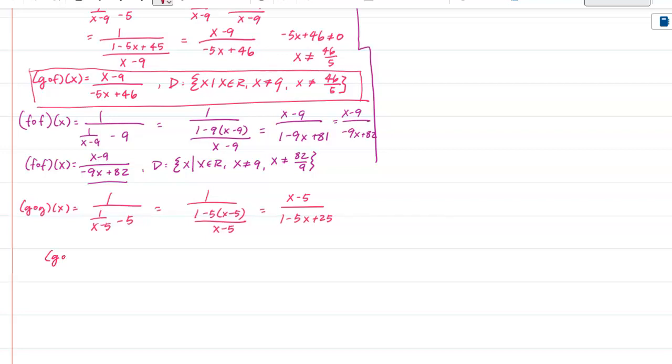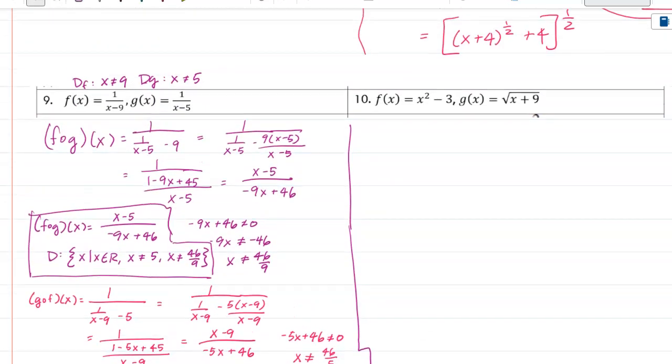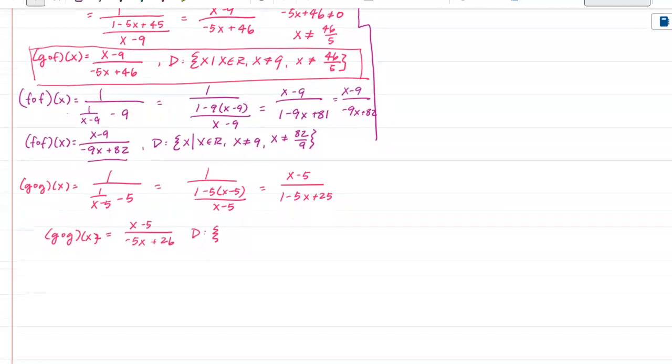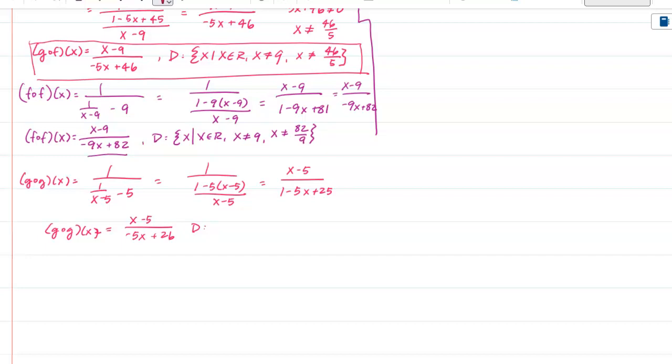So g of g of x equals x minus 5 over negative 5x plus 26. The domain is going to restrict the g input, which is x cannot be 5, and also x cannot be 26 over 5.